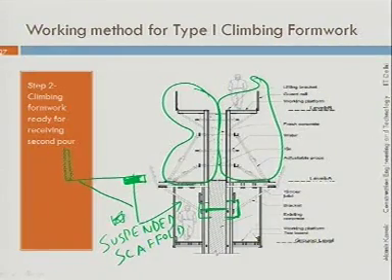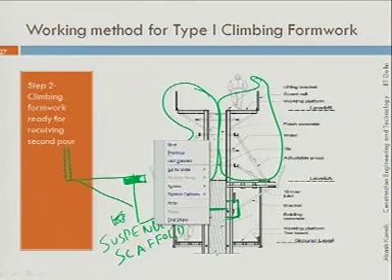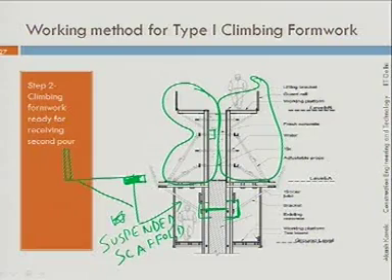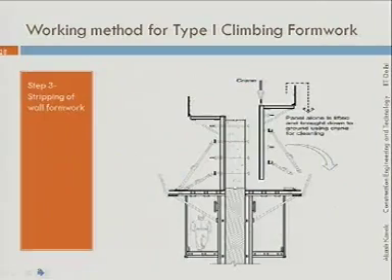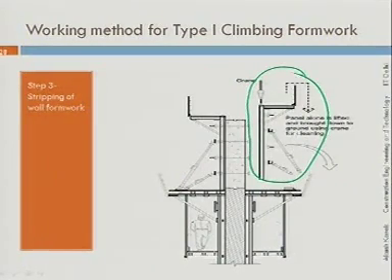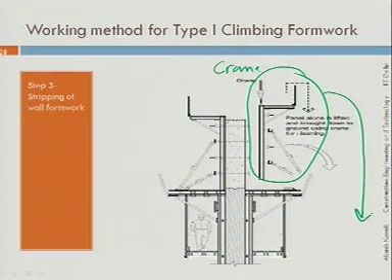Now again, while doing this second lift, we leave certain devices here, right? I will tell you the details of those devices a little later. Just understand the mechanism. Then in third lift, what I do is I dismantle this formwork, use the crane to bring it at the ground level.